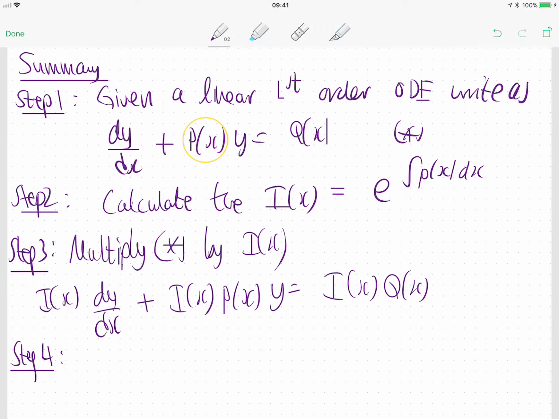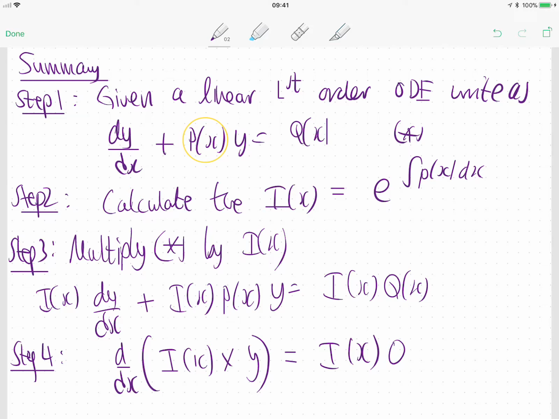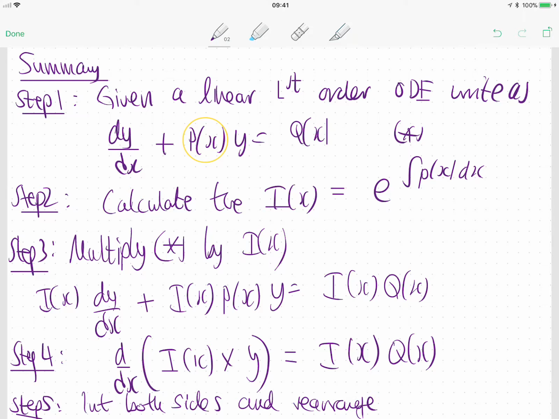Step 4 is all about spotting patterns. This will always work. The left hand side will always be the integrating factor times y that appears inside some derivative, and the right hand side is just the q of x, where the x is isolated, multiplied by I. And step 5, you integrate both sides of step 4 and rearrange for y for your answer.